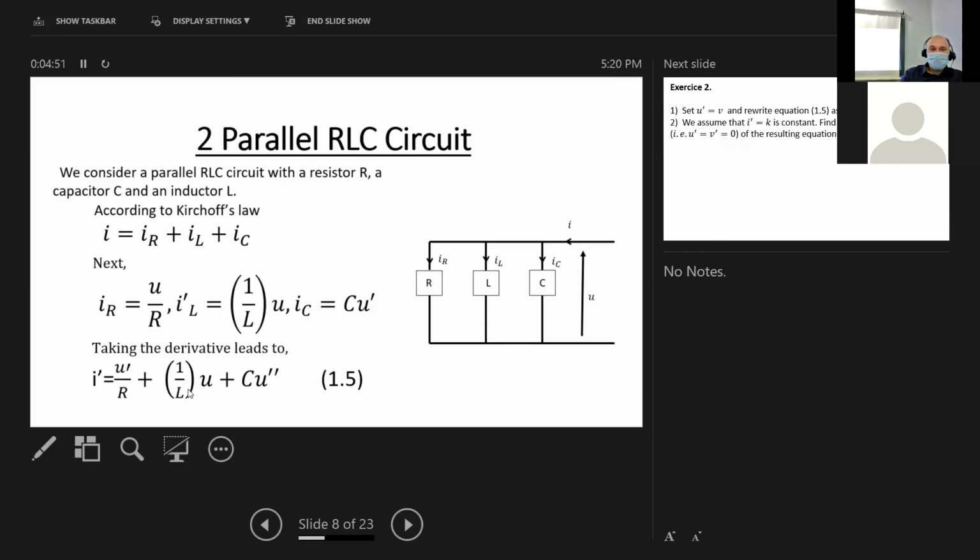And if you do that, you get this. So U prime divided by R comes from this.